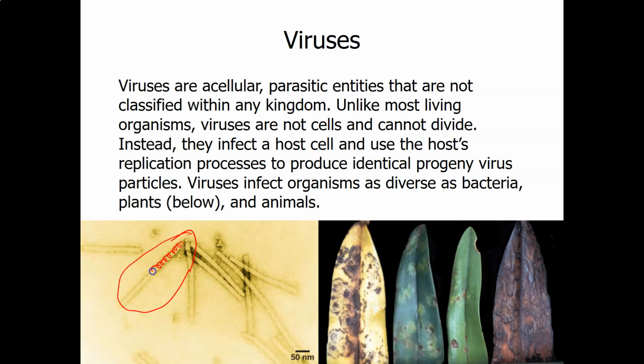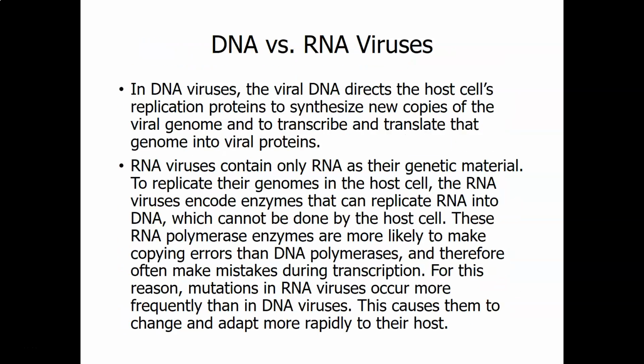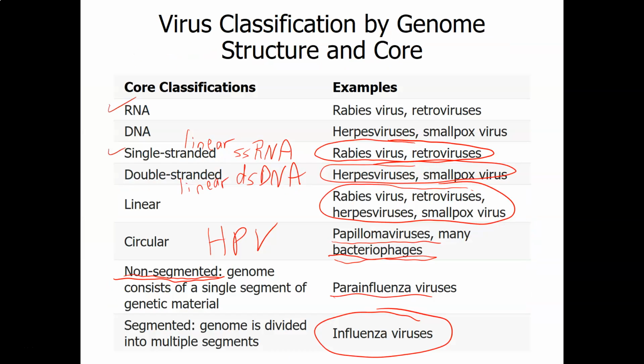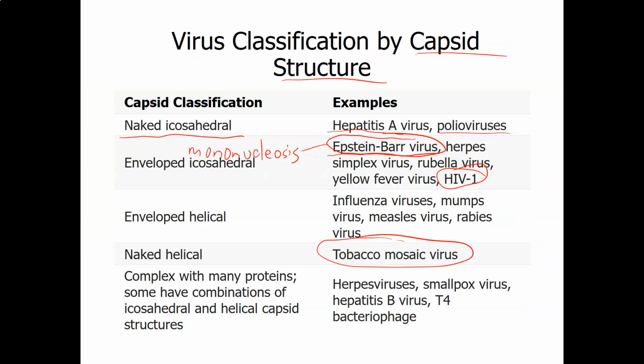So it's kind of like DNA. It's spiral shaped. Okay, so that's what is meant by helical. And so the tobacco mosaic virus is naked helical, but the influenza that causes the flu, the mumps, the measles, rabies virus are enveloped helical.